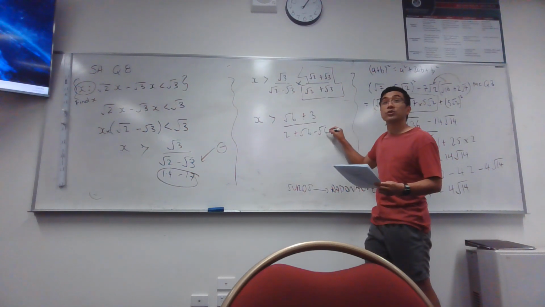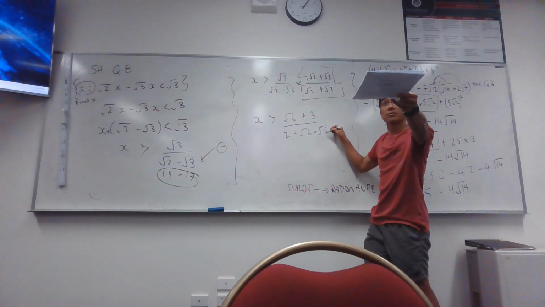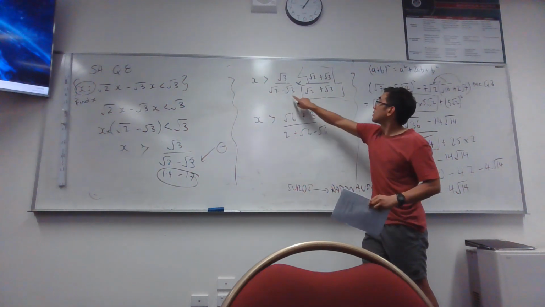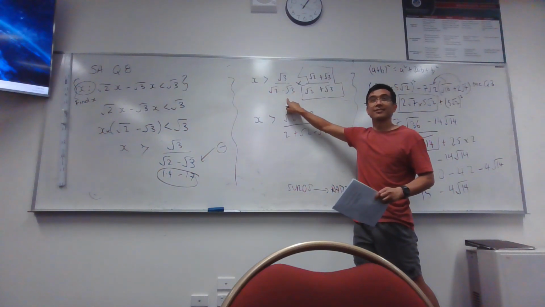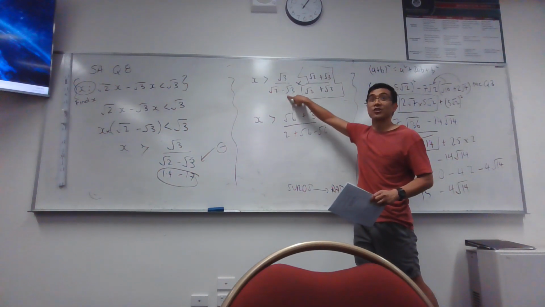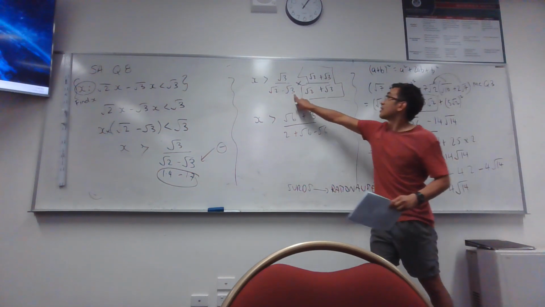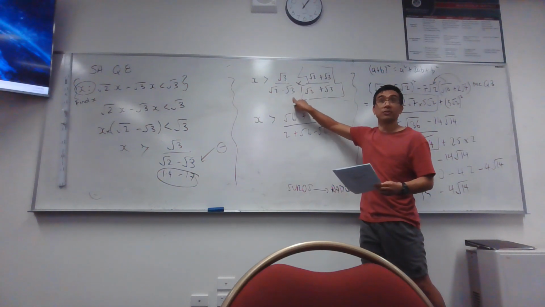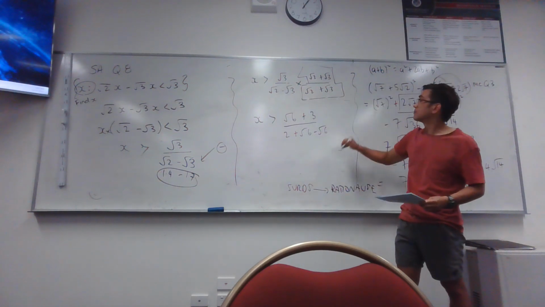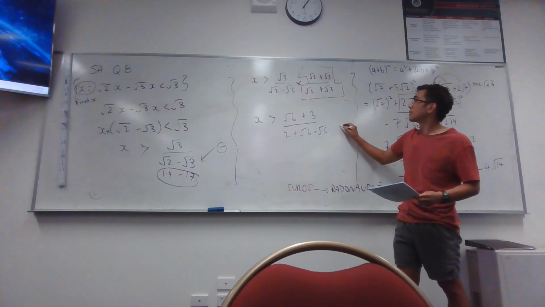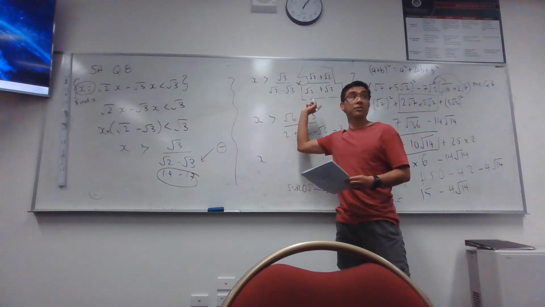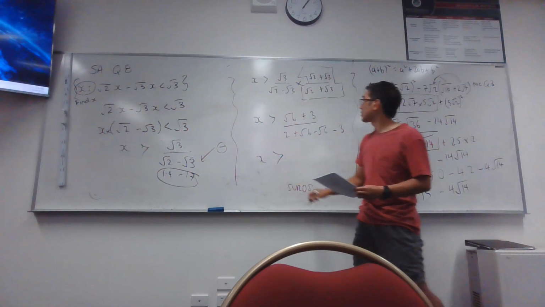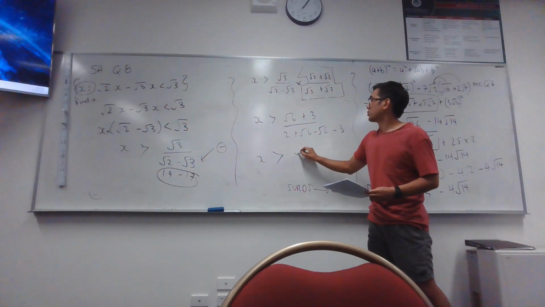What's the shortcut that we talked about? You boys picked it up at the start. It's a DOPS, but we're using FOIL. Root 3 and root 3? Negative 3. Good. You could have used the DOPS for this one as well. What's DOPS again? Difference of perfect squares.